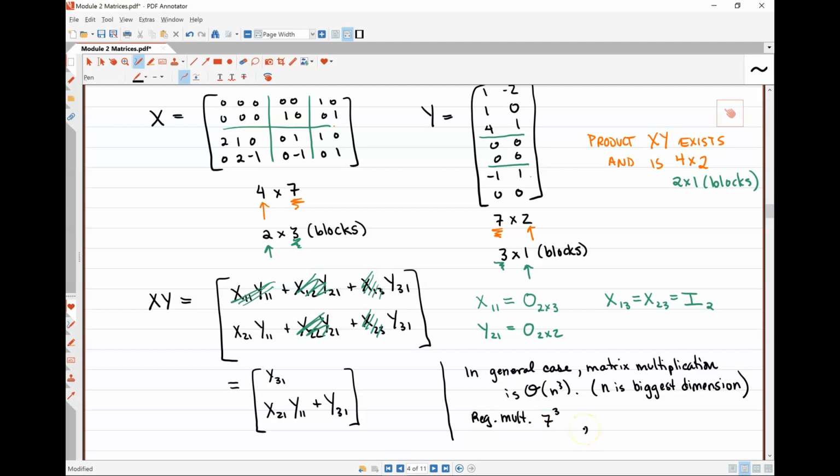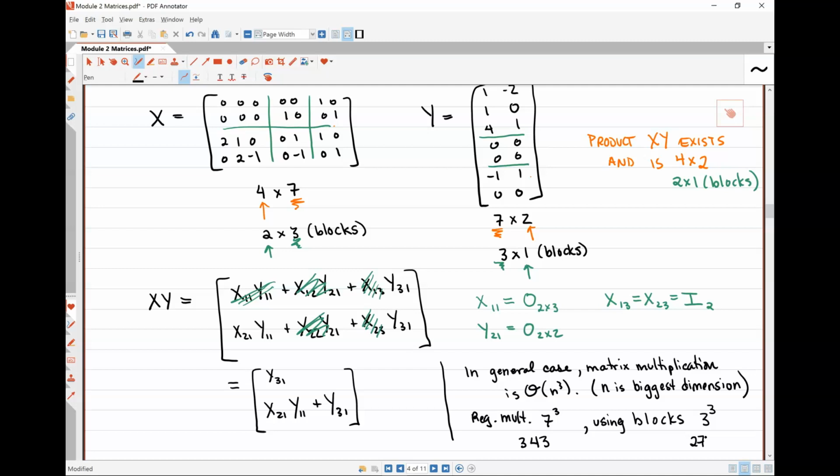And if you compare that to what we got down to down here, there's no operations in this first part. This is x21. x11 is a 2 by 3 and y11 is a 3 by 2. So using these blocks got us down to around big O of 3 cubed. So 7 cubed is 343. 3 cubed is, of course, 27. So you can see that this is a huge savings.